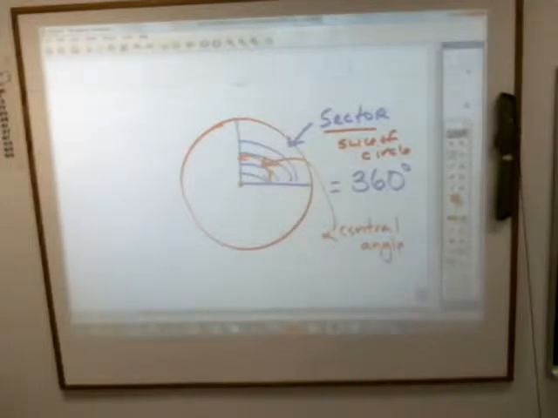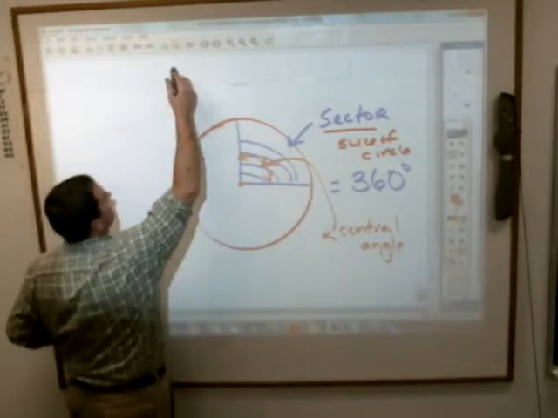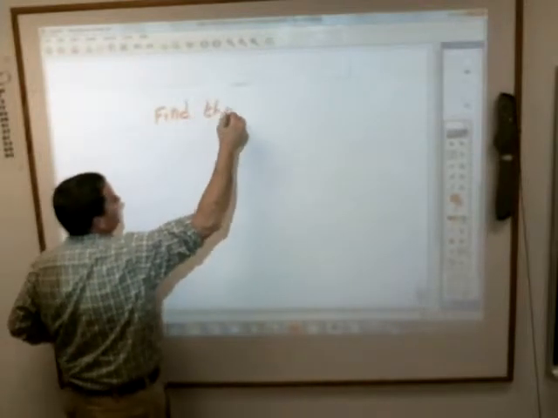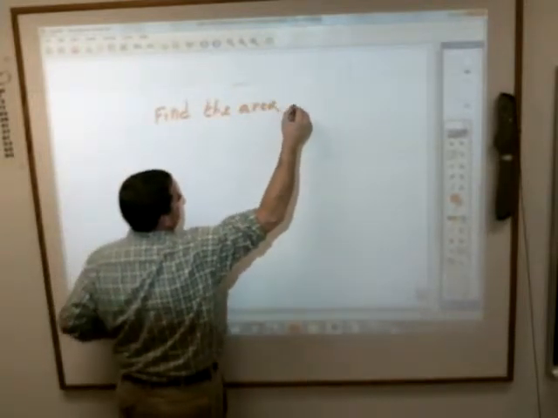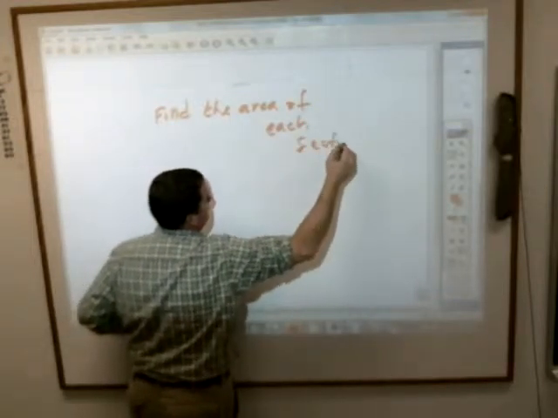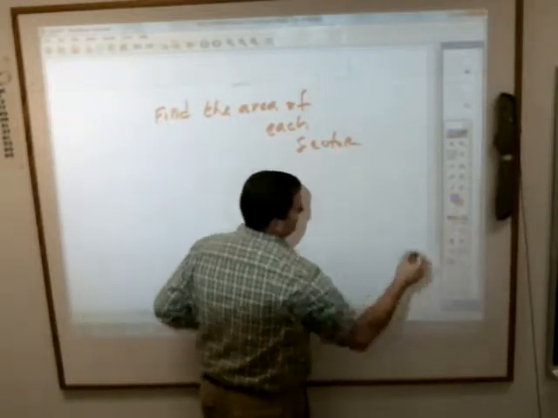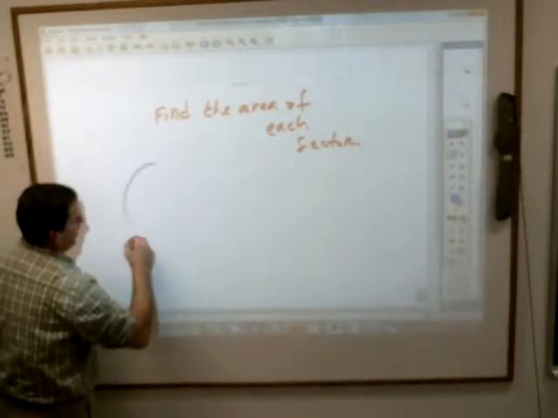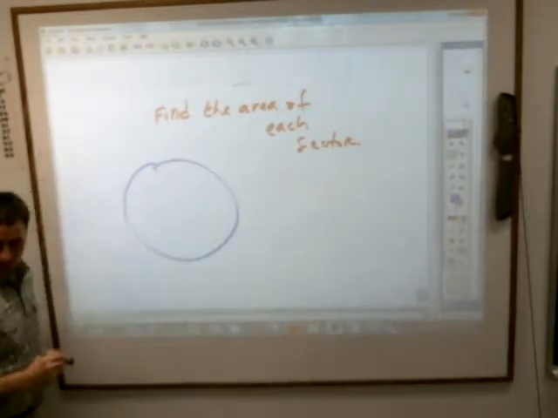Here we go, write this down. Find the area of each sector. You got this written down? Find the area of each sector. Let me draw you a couple circles here. This first one here, there's my circle.